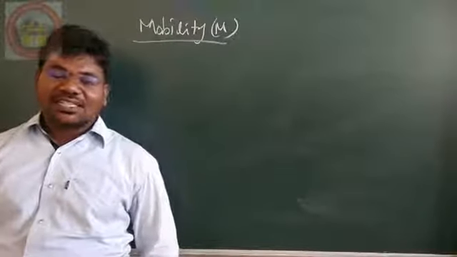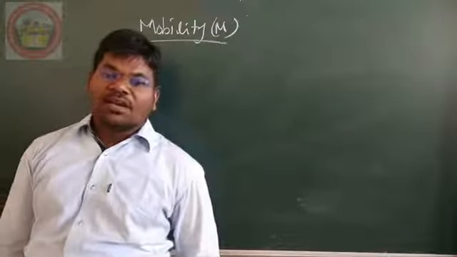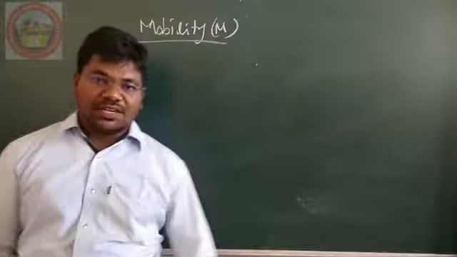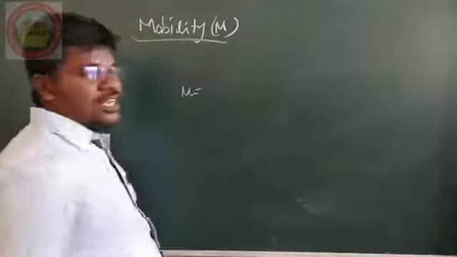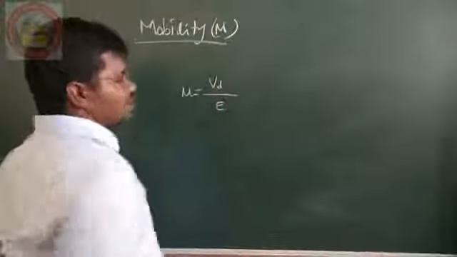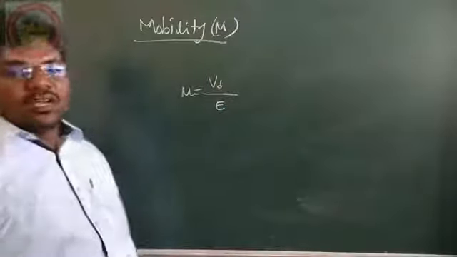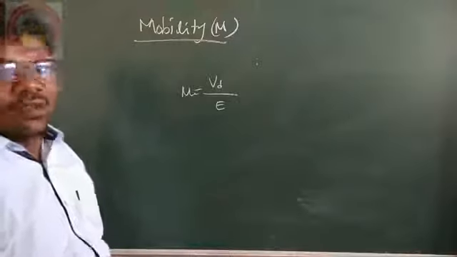It is defined as drift velocity of a charge per unit electric field. According to the definition, mu is equal to drift velocity divided by electric field.